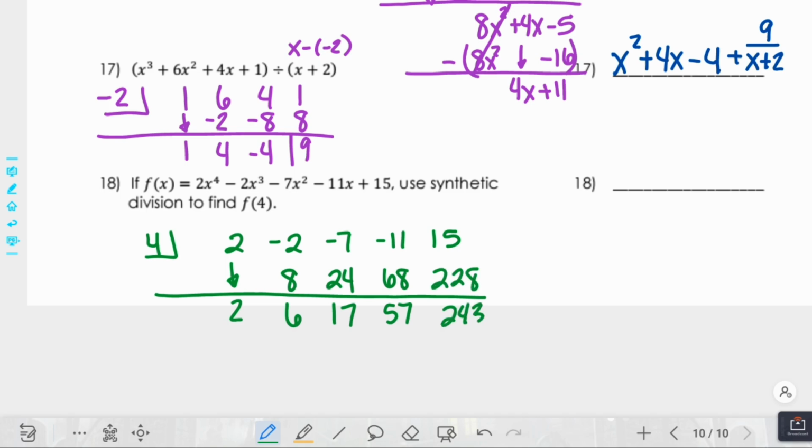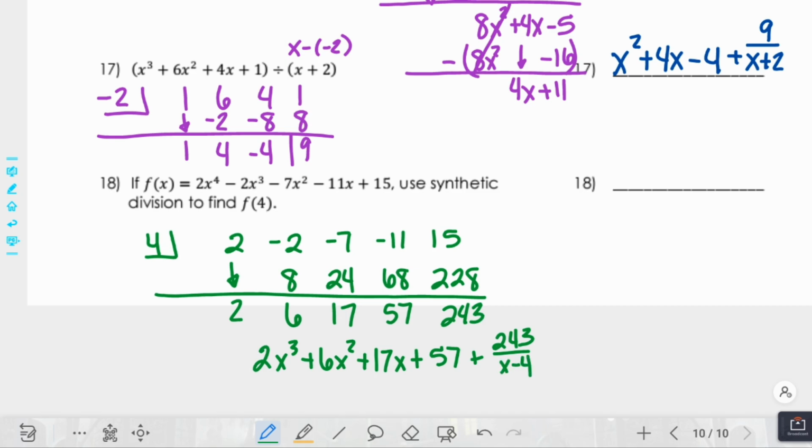So your answer here would be 2x to the third plus 6x squared plus 17x plus 57 with a remainder of 243 over x minus 4.